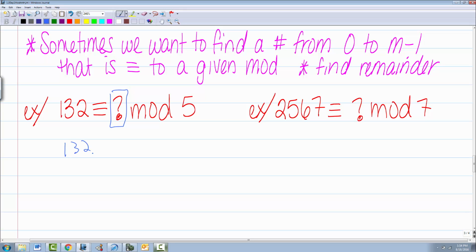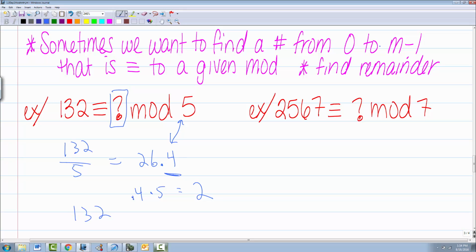So here's what we could do mathematically. We could do that whole remainder thing. We could find the remainder by actually physically dividing these two numbers. What did we get? I think it was 26.4. What did I say 0.4 can help you find? The remainder. Take 0.4 times 5, and you get 2.